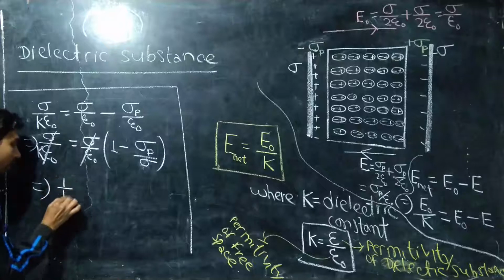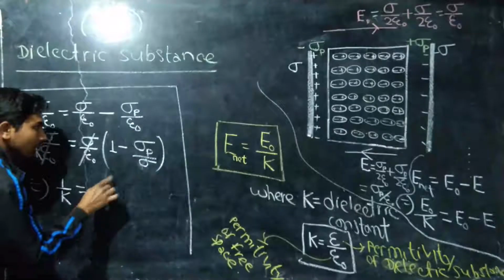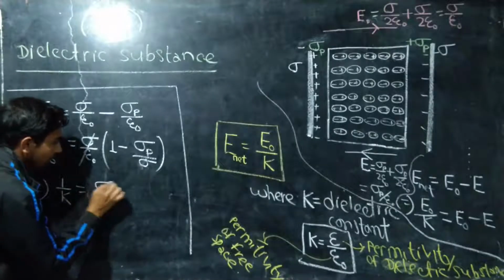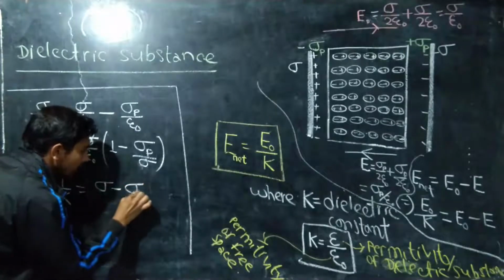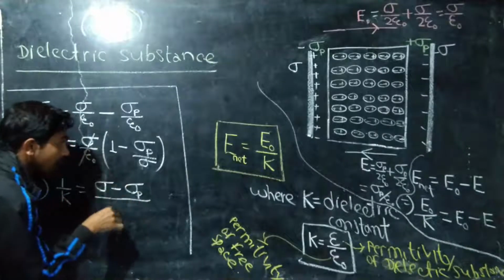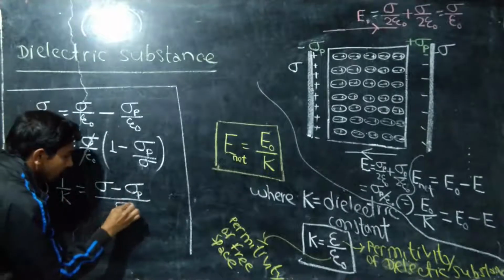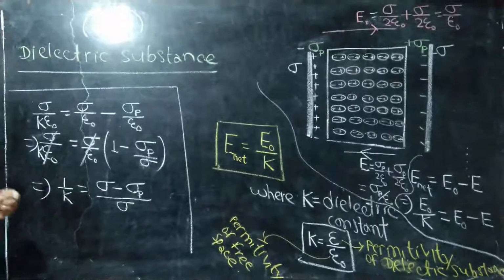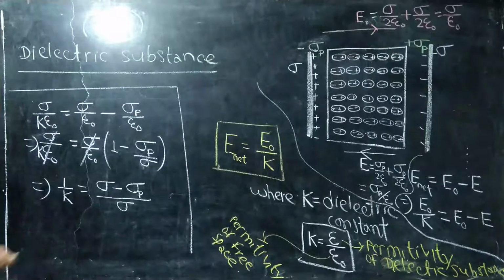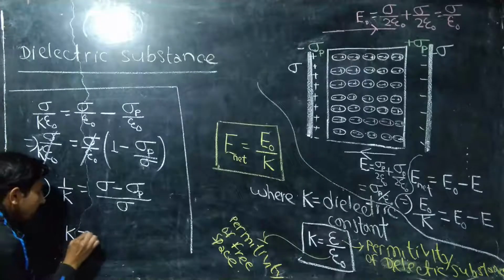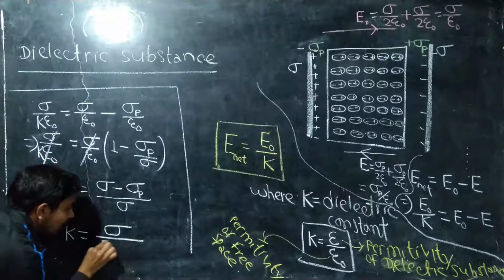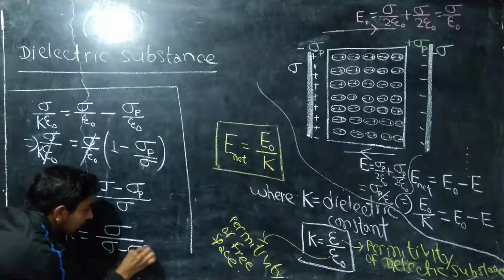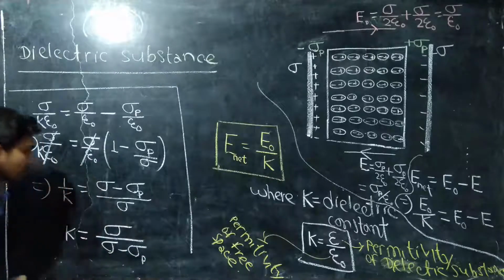So what value do I have? 1 by K is equal to sigma minus sigma p by sigma. We can write it like this. So further we can write K is equal to sigma by sigma minus sigma p.